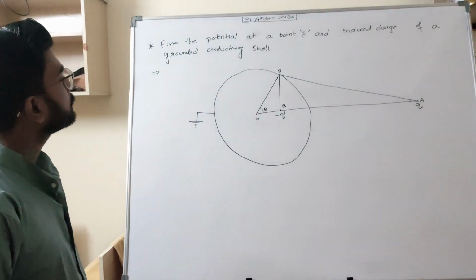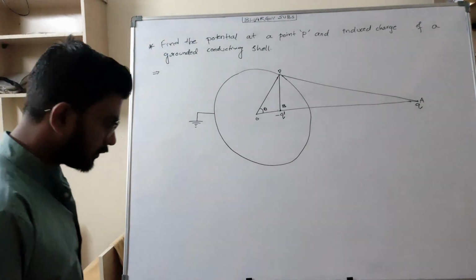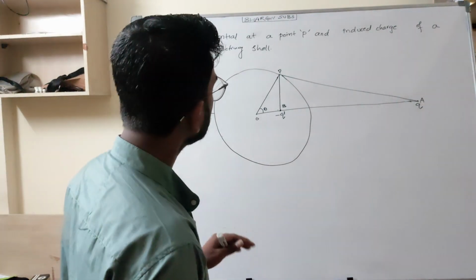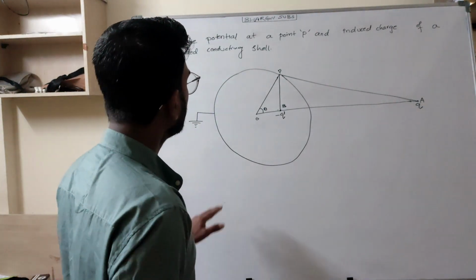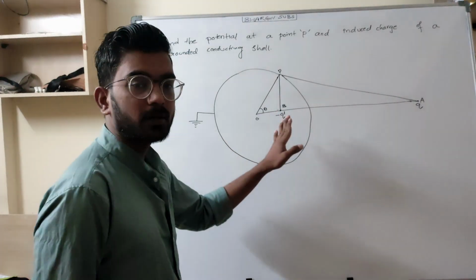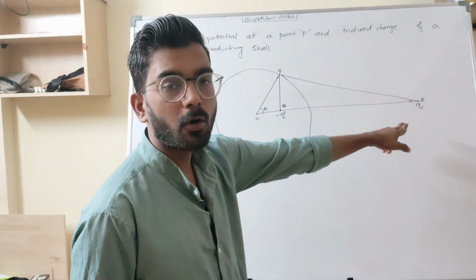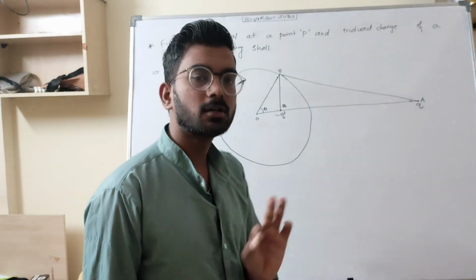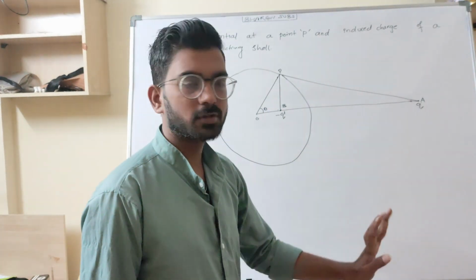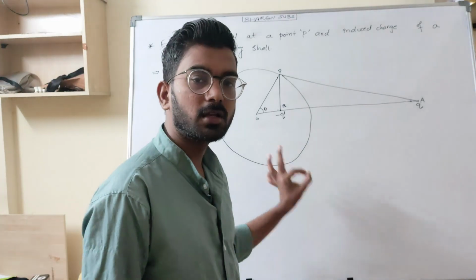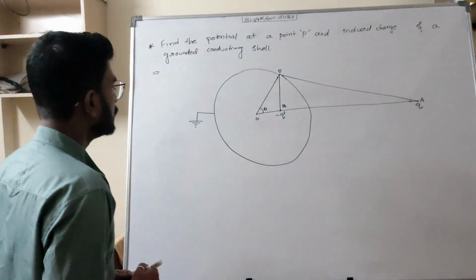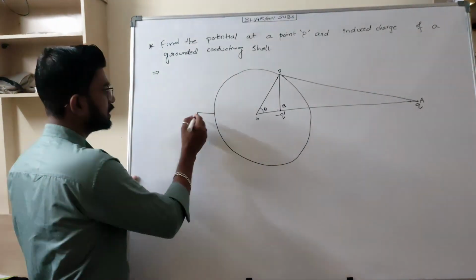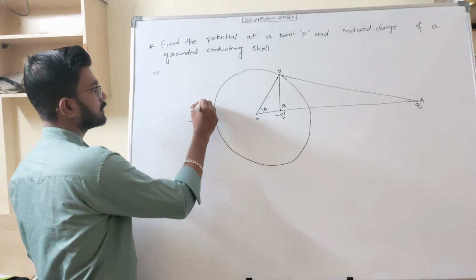Now I want to find the potential. Before finding the potential, the potential at point P depends on the two charges, the one outside and the one inside, correct? I already told you it doesn't depend only on the charge present outside, it also depends on the charge present inside the conducting shell. Since it is grounded, the potential is equal to 0.